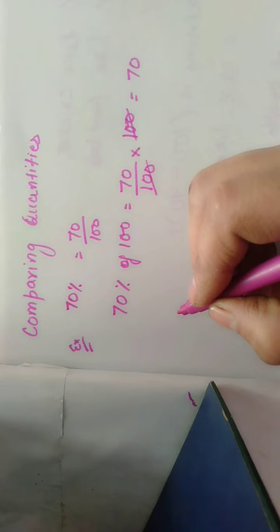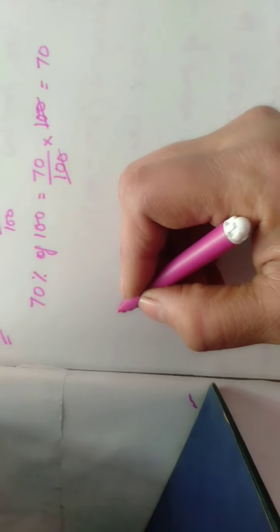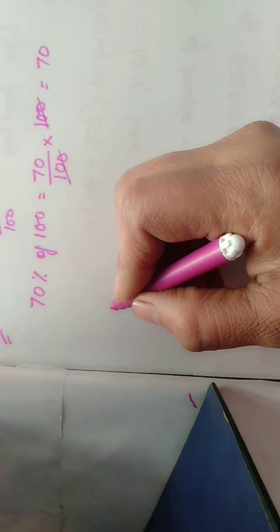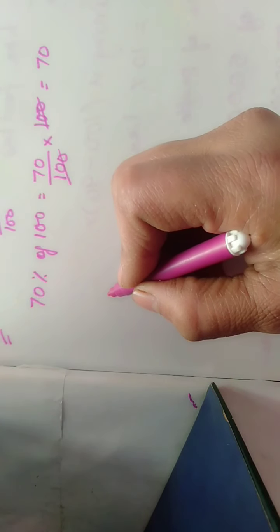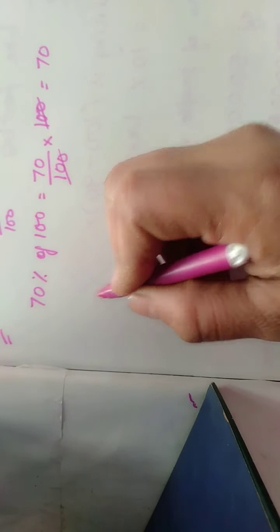Now if we want to find the 70% of any other number, for example, when you are given a paper out of 80, how much have you got if you calculate 70% of 80?